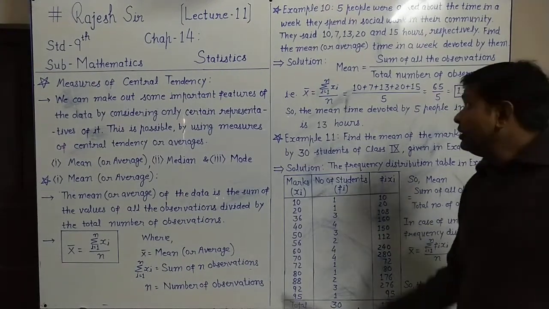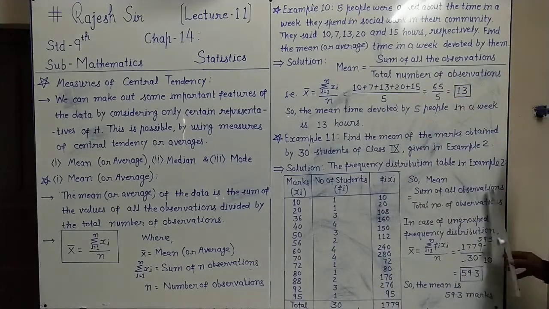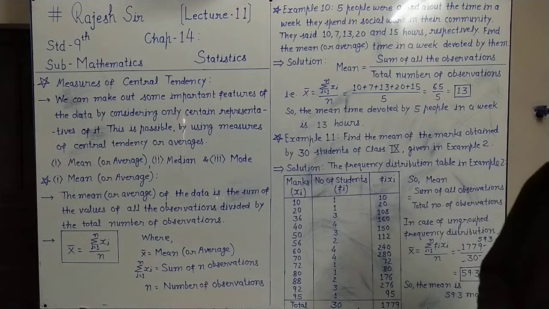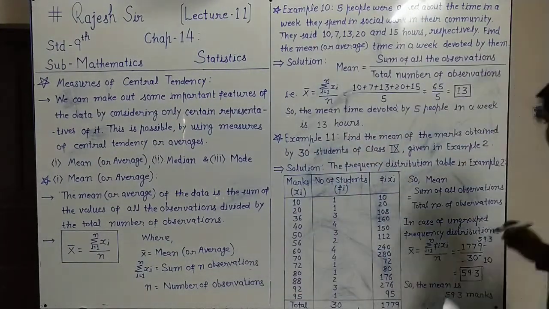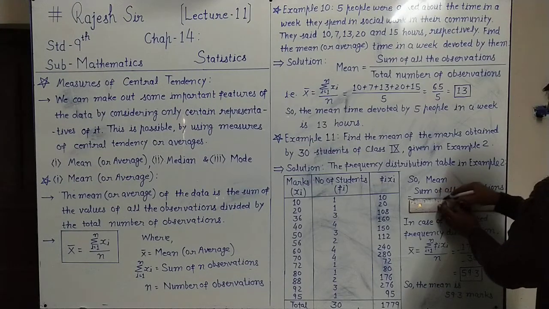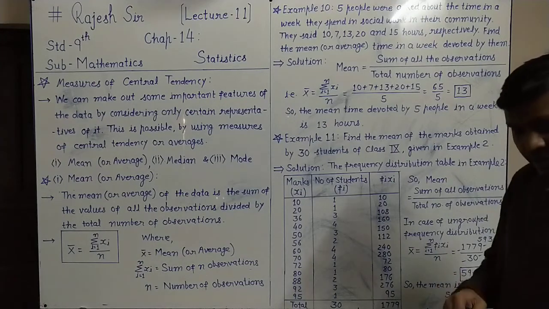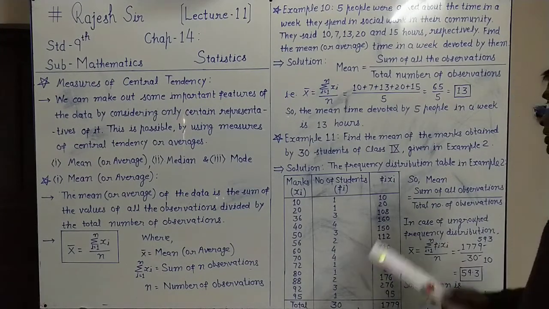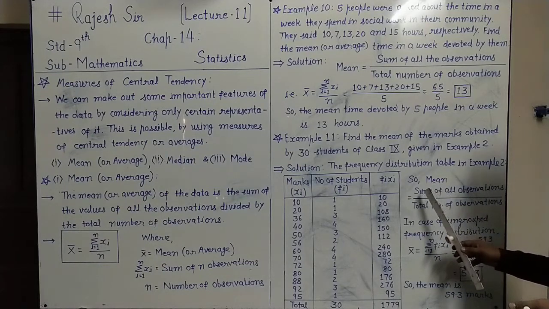So one way is that the mean is equal to the sum of all the observations upon the total number of observations. This is the formula we have. One way was to take the question and do the sum of all 30 marks: the first student's marks, second, third.